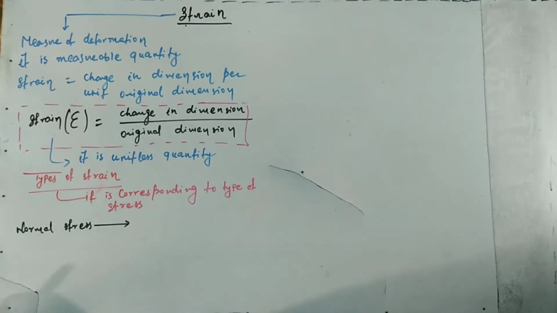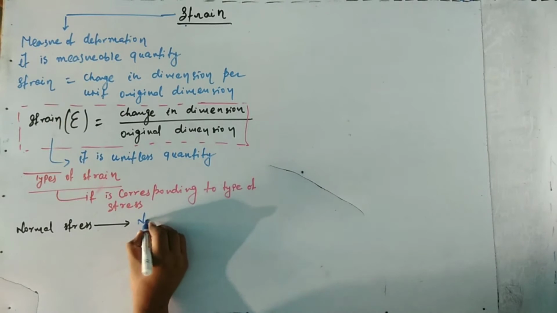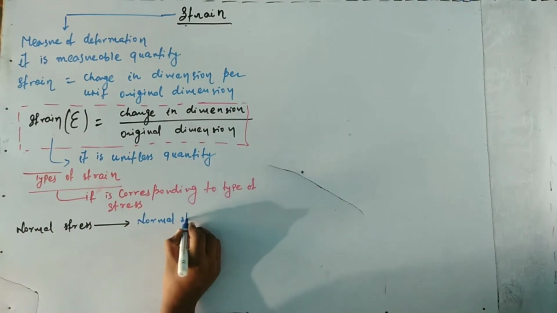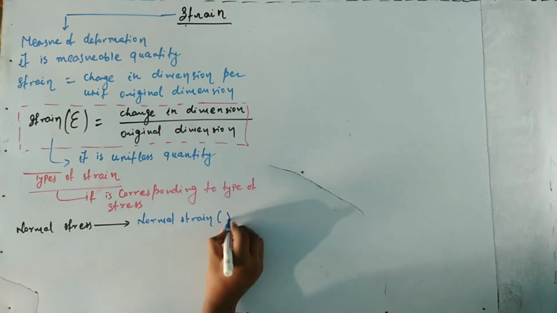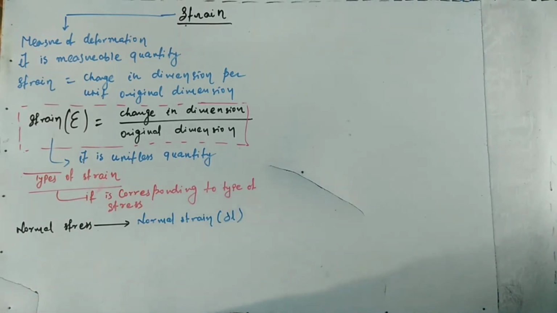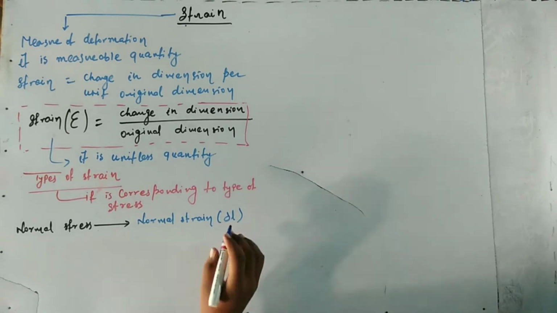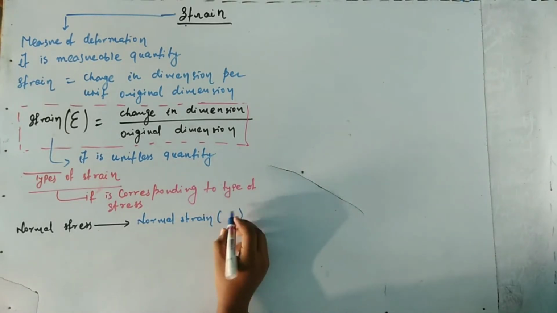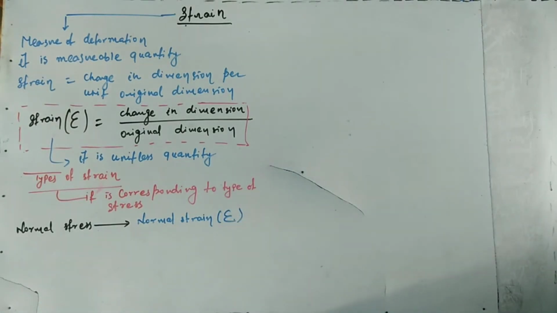First, normal stress produces normal strain, and it is represented by epsilon n.